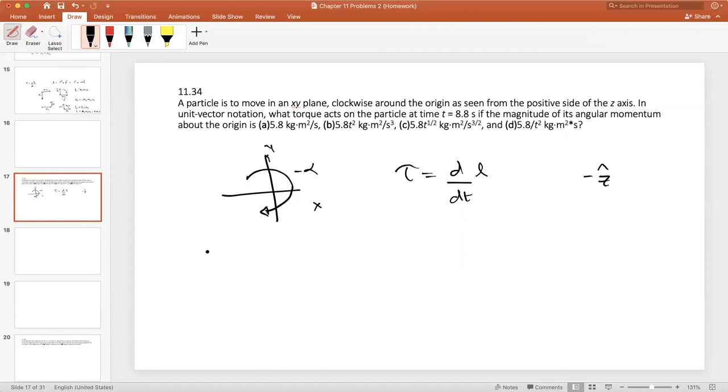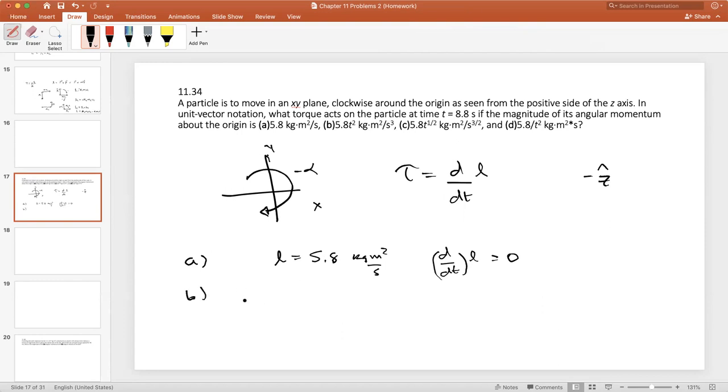For example, for A, what is the derivative if L is equal to 5.8 kilogram meter squared per second? If we take dL dt of this, there's no t. dL dt is 0 because there's nothing. It's 0 in every direction, x, y, z.